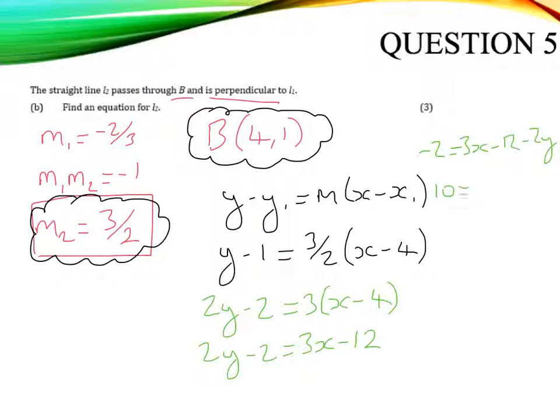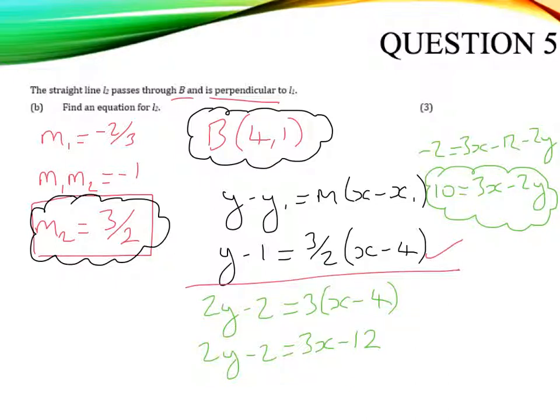So 10 equals 3x minus 2y. That's fairly neat and tidy, and like I said before, that is perfectly fine for this question.